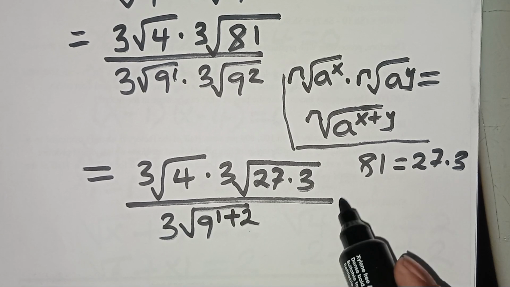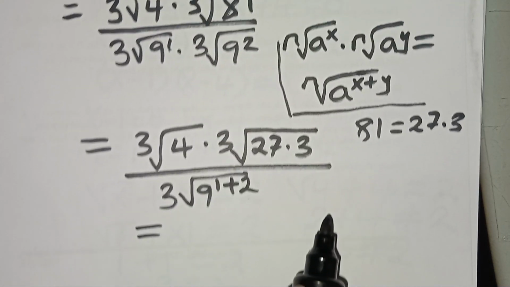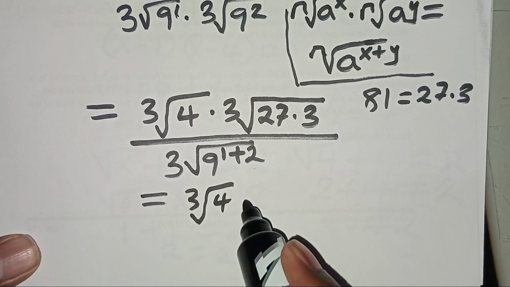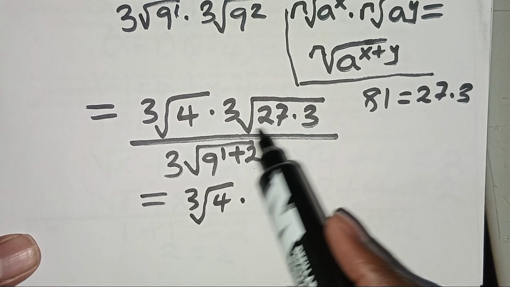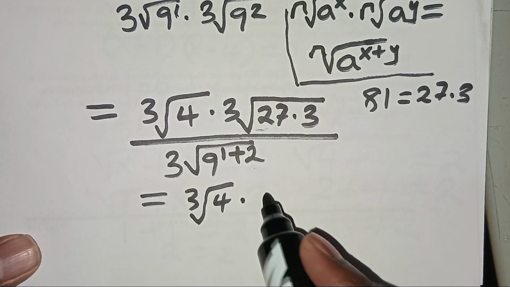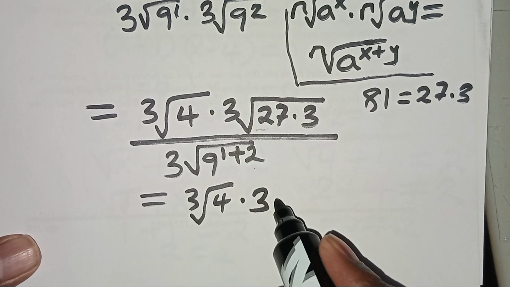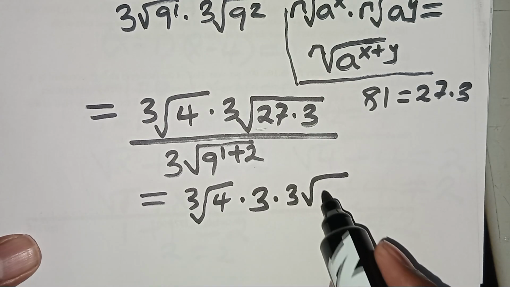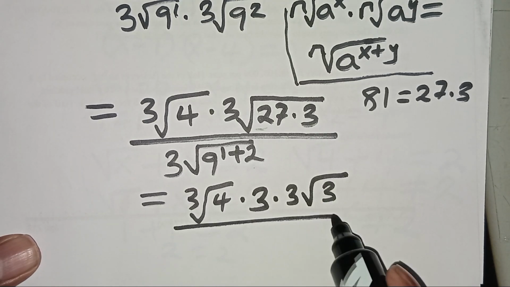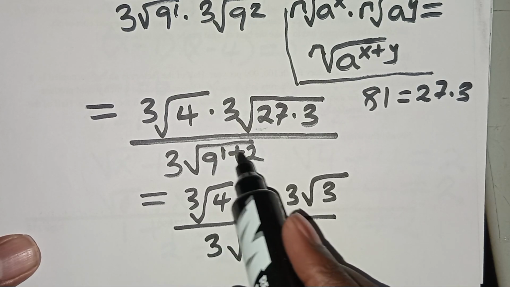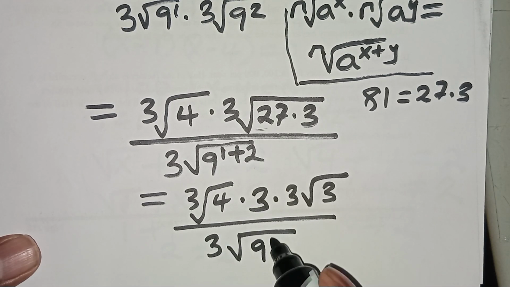So we'll have the cube root of 4 multiplied by the cube root of 27, which is 3, multiplied by the cube root of 3, divided by the cube root of 9 to power 1 plus 2, which is 9 to power 3.